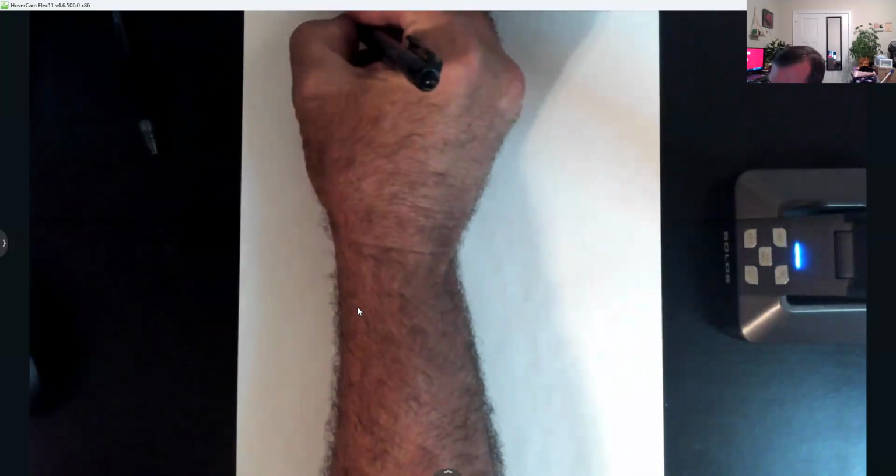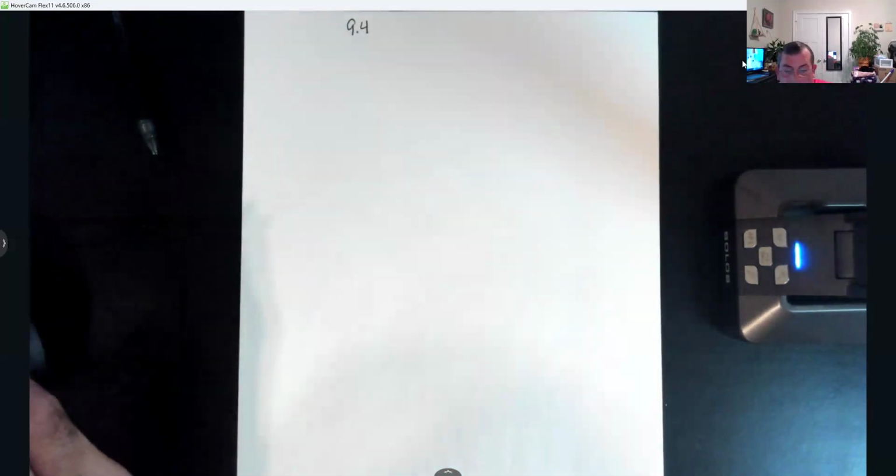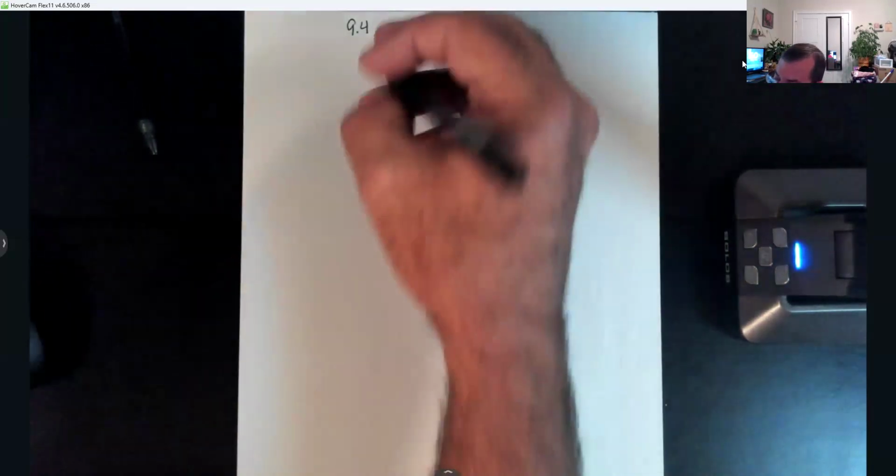So we're going to get into 9.4 now. And y'all, like I said, 9.4 is going to be pretty much learning the calculator, okay, on how to find what we call logarithms.